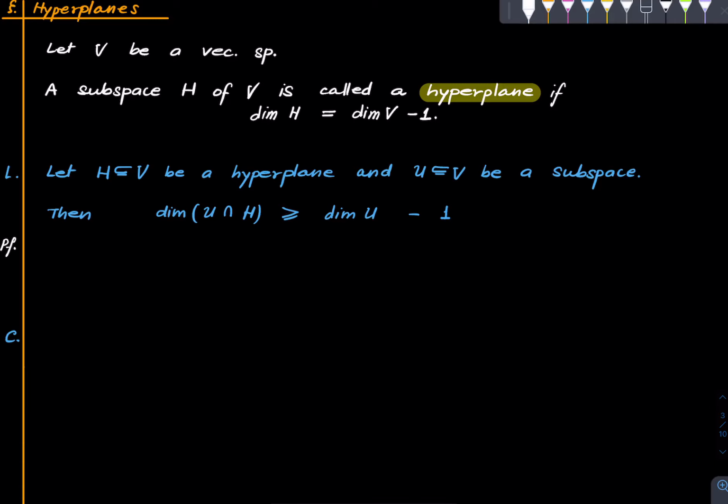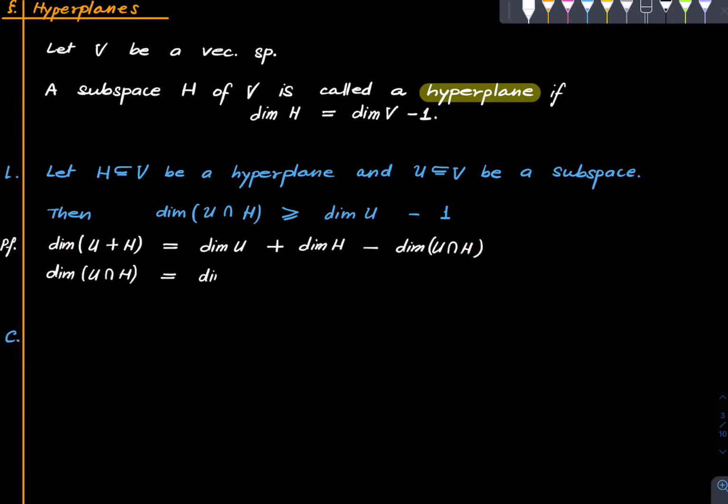We know that the dimension of U plus H is the following. Right, and we just shuffle this equation to get this. And now let's say n is the dimension of the parent space.